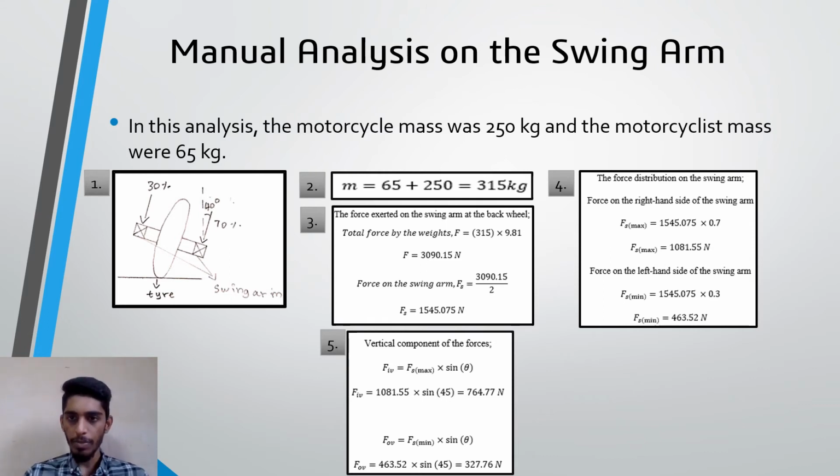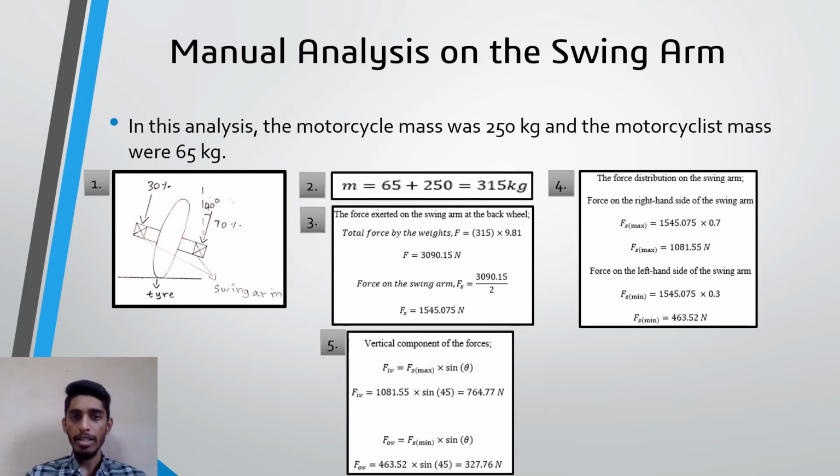In the fourth picture, we calculate the force distribution on the swing arm, which is 70% at the right hand side and 30% at the left hand side. After that, in the fifth picture, we calculated the vertical component of the force on the swing arm. As we can see in the first picture, the force on the swing arm acts at an angle. I'm sorry for the mistake, it's actually 45 degrees, not 40 degrees.